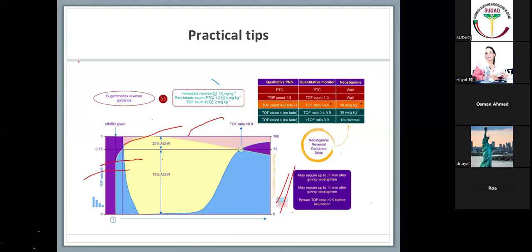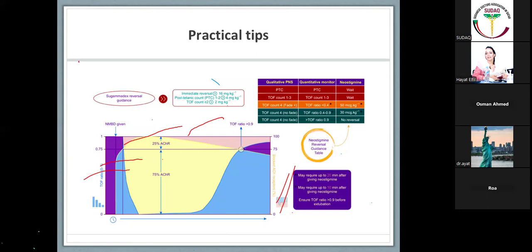work. If you want to antagonize a minimal block, that is a train of 4 ratio of more than 0.4, then the recommended dose might be around 30 mcg per kg. Okay, and that will take maybe 10 minutes for recovery.